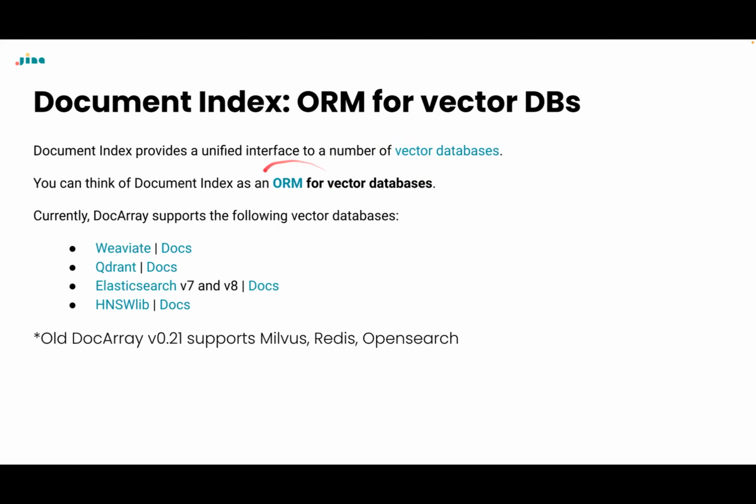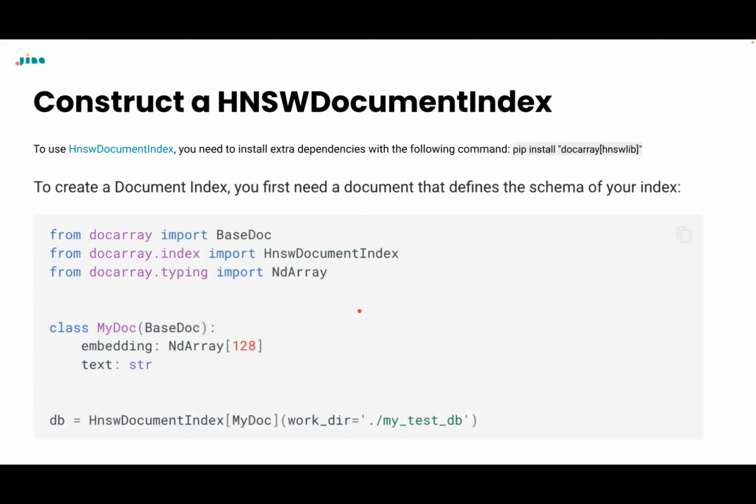In some way, you can think about this as the ORM of the vector database. Right now in 0.33, it supports all these vector databases, but in the old version, it supported even more, like Redis, OpenSearch, and so on, and also Milvus.